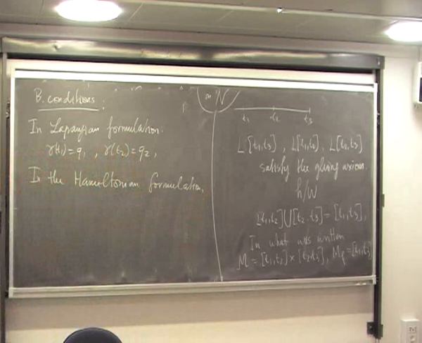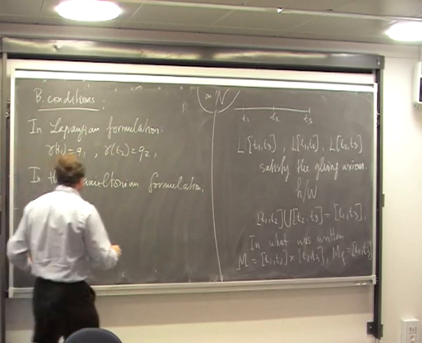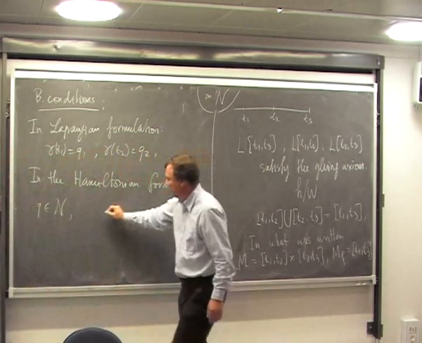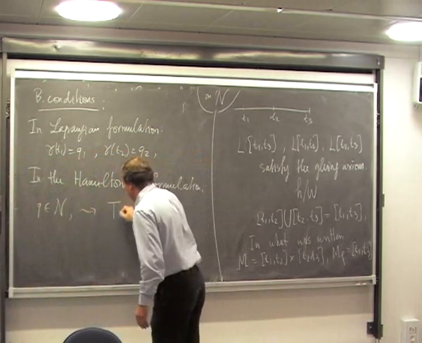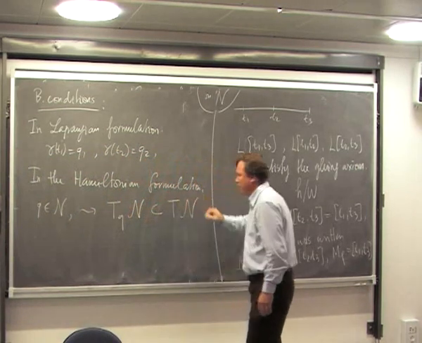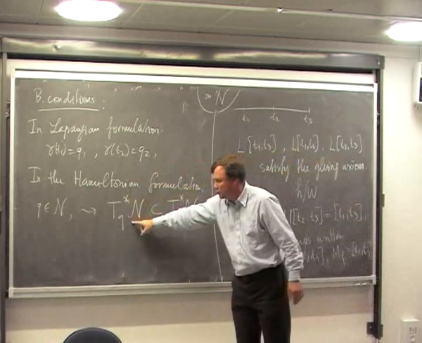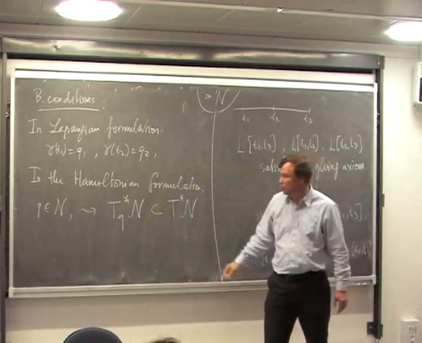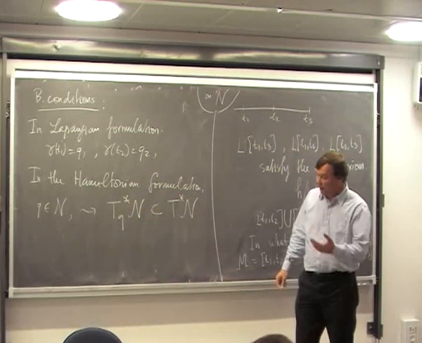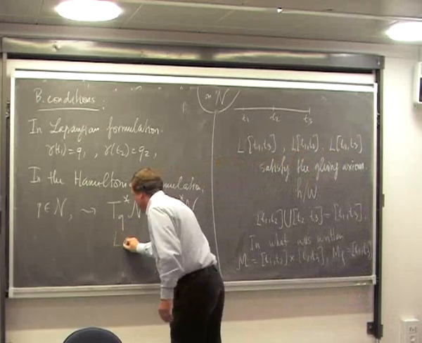So when we fix a point on N, well, it fixes a submanifold in the cotangent bundle, the cotangent space at the point Q to N. And it's a Lagrangian submanifold.